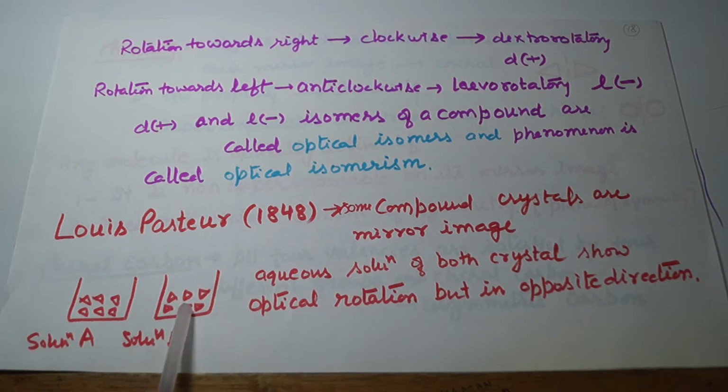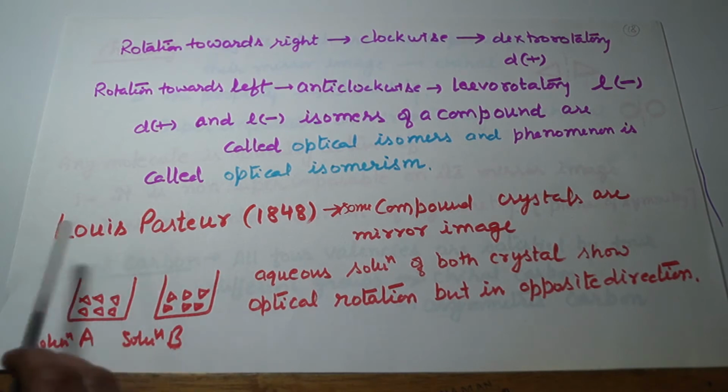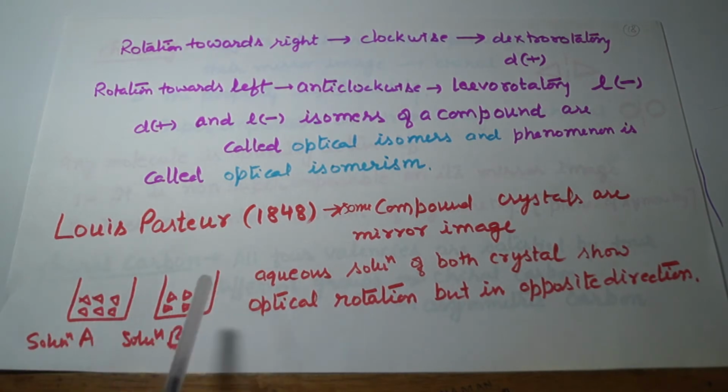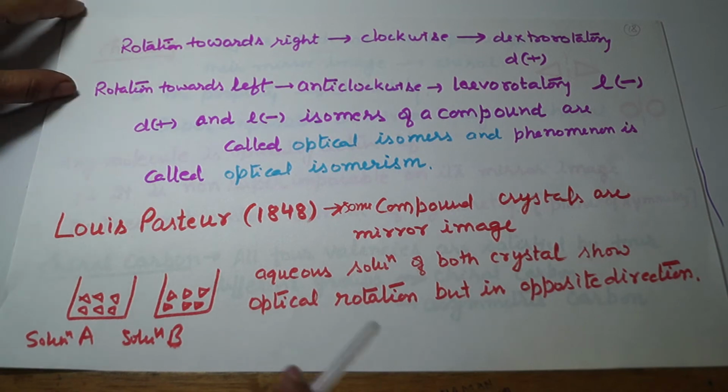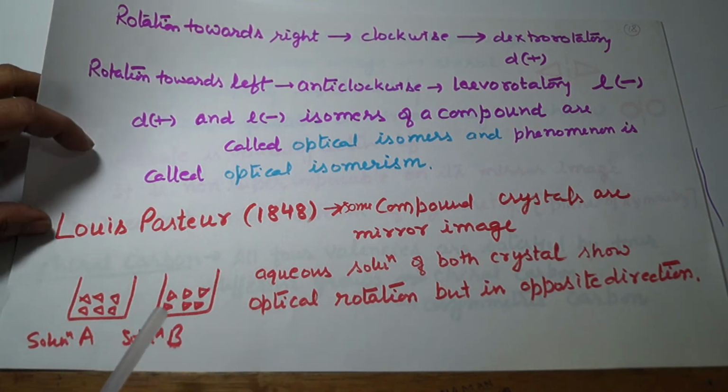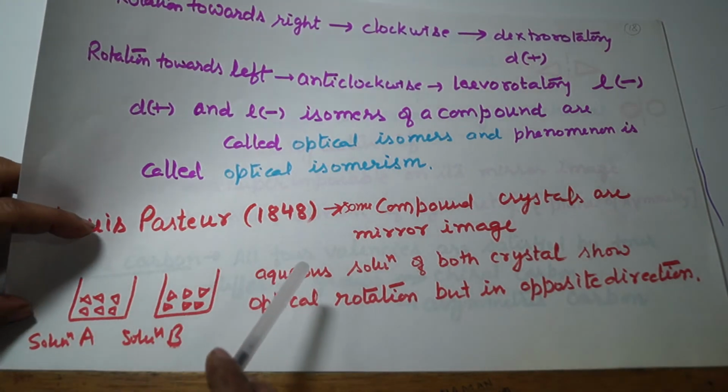When plane polarized light was passed through them, both solutions rotated the plane but in opposite directions. That is when the concept of optical activity was first raised, and it was realized that this phenomenon occurs because of the different configurations. Louis Pasteur is also known as the father of stereochemistry.